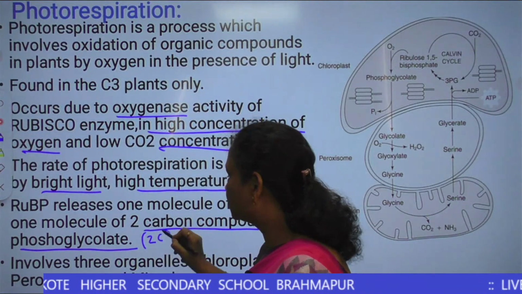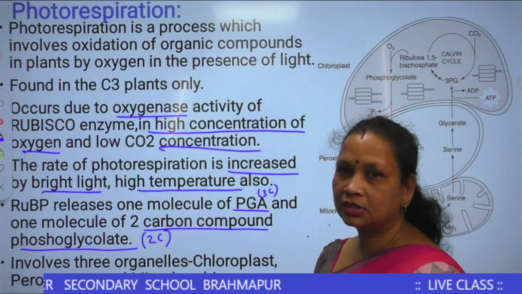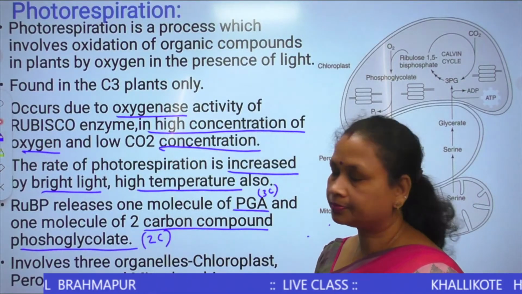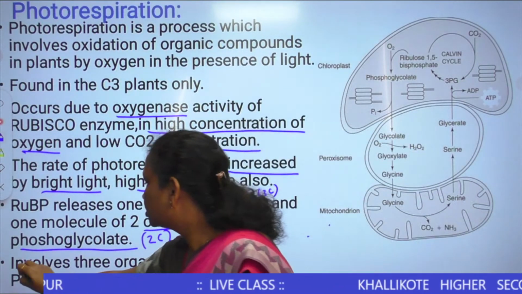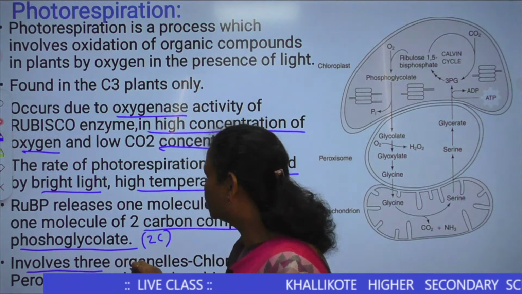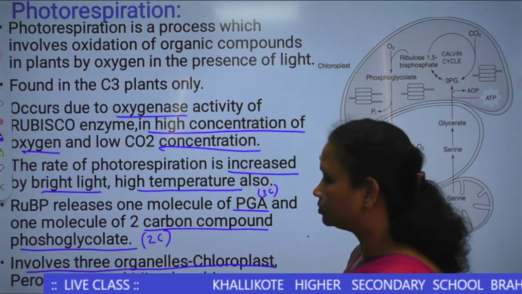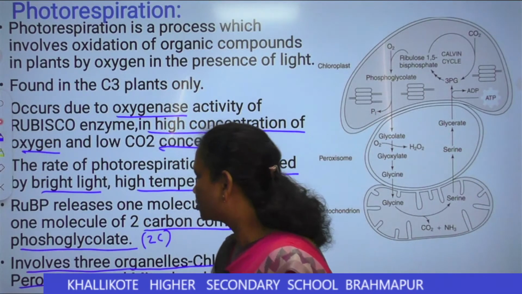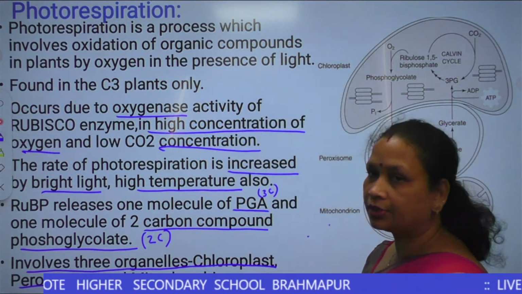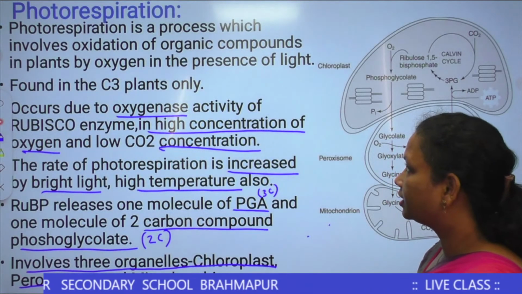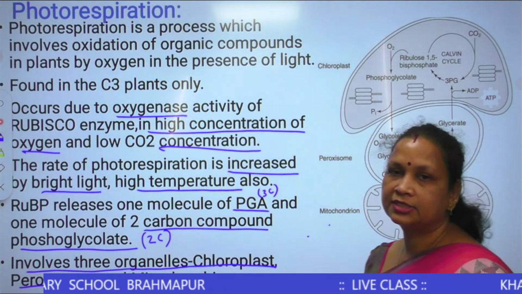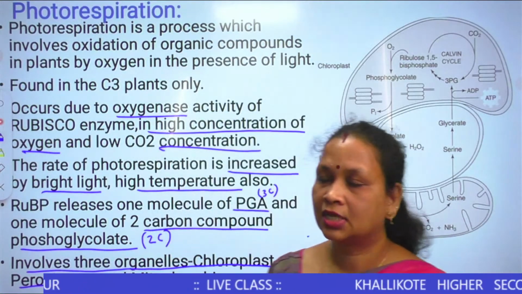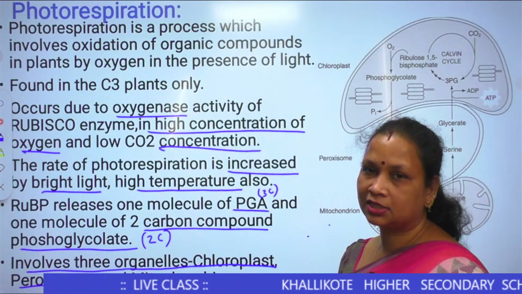So, sometimes photorespiration is also known as a C2 cycle. This phenomenon involves 3 organelles: the chloroplast, the peroxisome and the mitochondria. But we say that photorespiration is a wasteful or unwanted process that occurs in the C3 plants.